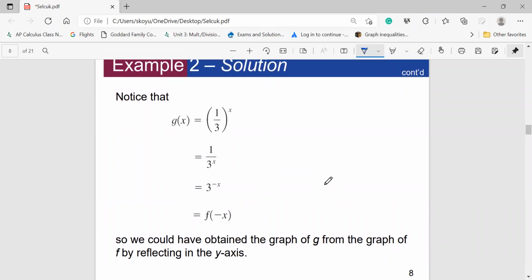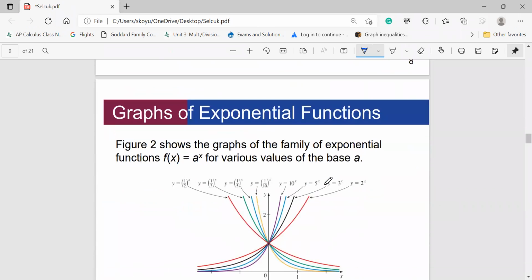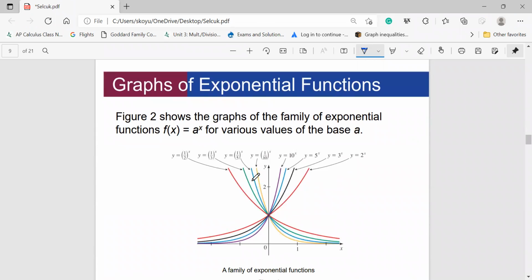All right. So now I want to show you, for comparison, for instance, if you start with 2 to the x and then increase the base to 3, you see it's going to be a vertical expansion. So when the base is increasing, when the base is getting bigger, then the graph is expanding more.